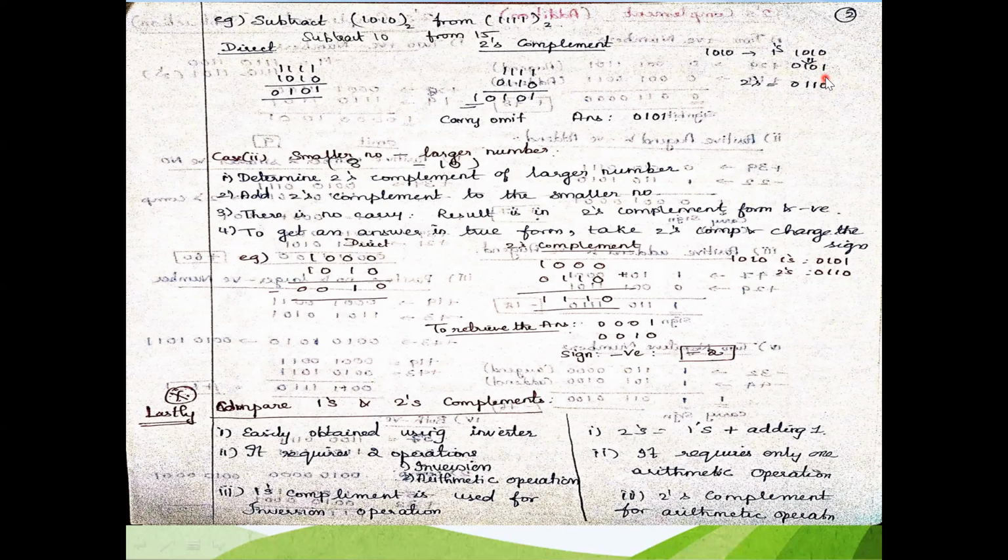Again in this 1's complement, we add 1. That is the formula: 2's complement is equal to 1's complement plus 1. When you add 1, we get 0110. So that is the 2's complement of 10, that is 1010.